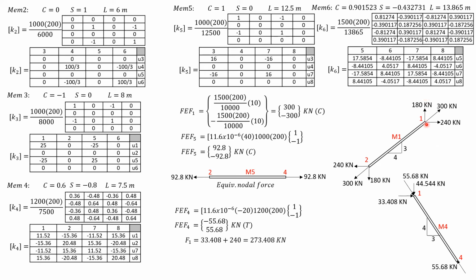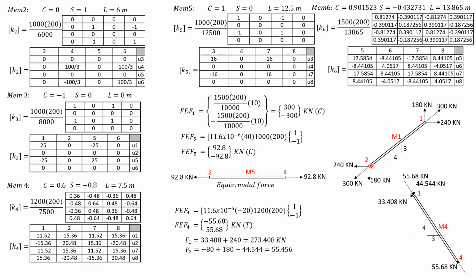So the net vertical force at node 1 is 180 minus 80, then minus 44.544. Negative 80 is the original downward load. Then minus 44.544 is the equivalent nodal force due to temperature reduction of member 4. Then you'll have 55.456 kilonewtons.